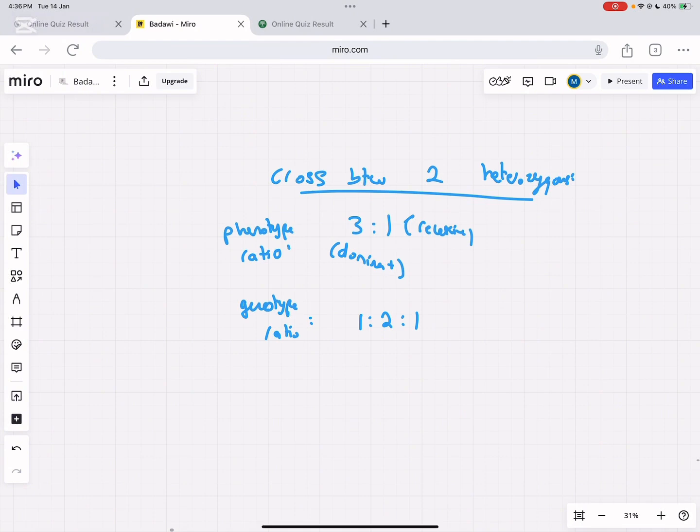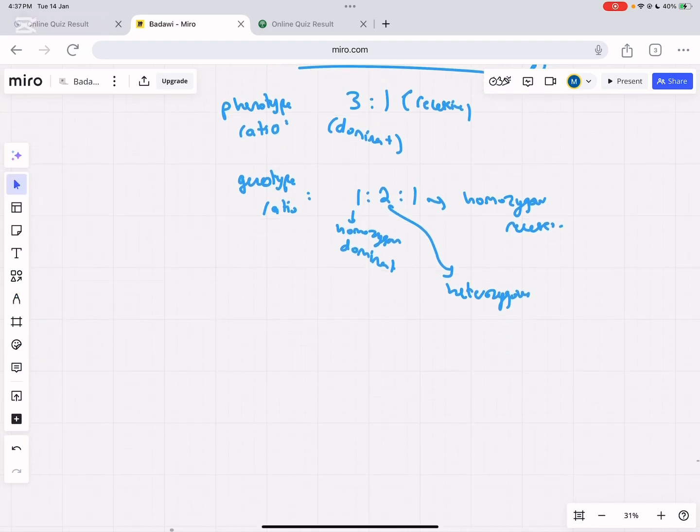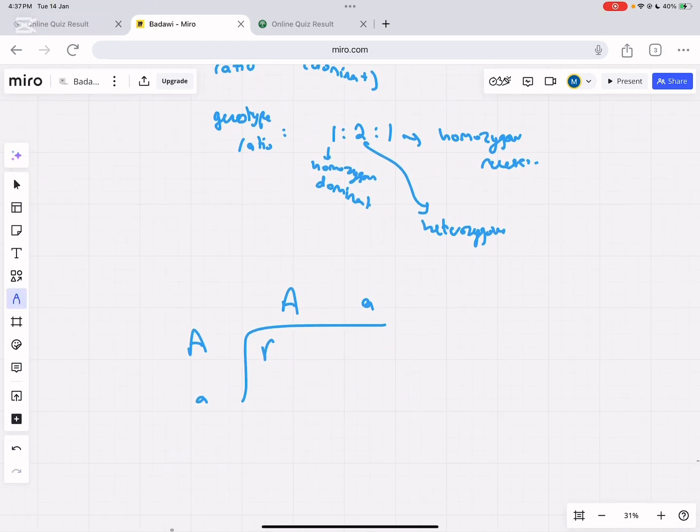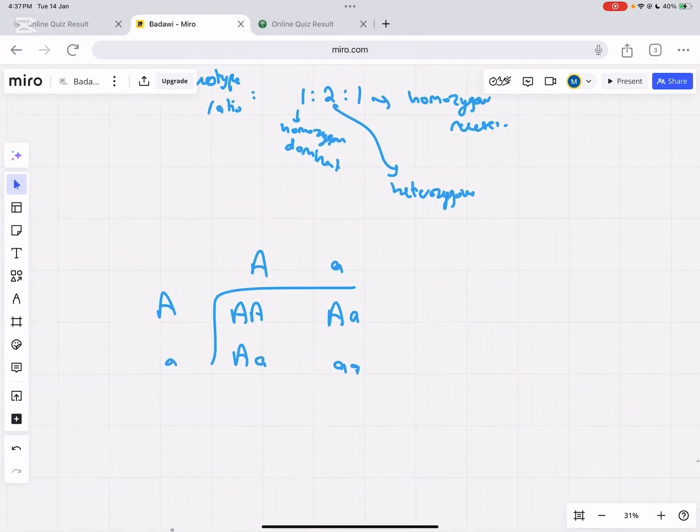This is going to be homozygous dominant, while this will be heterozygous dominant, and this will be homozygous recessive. Look why. Since I have two heterozygous, so Aa and Aa, I'll get AA, Aa, Aa, and aa. So look at my genotype.